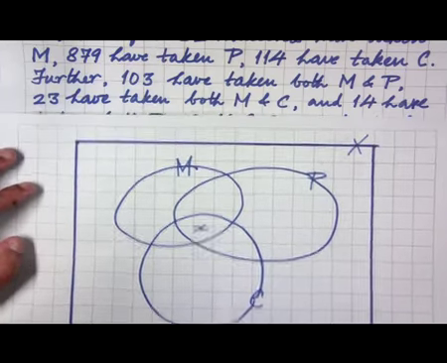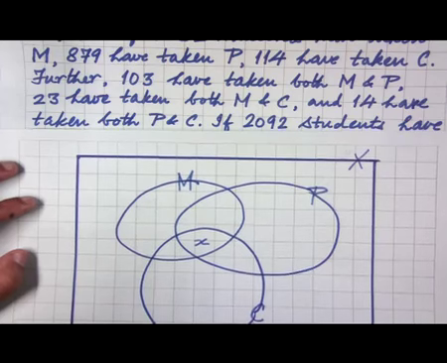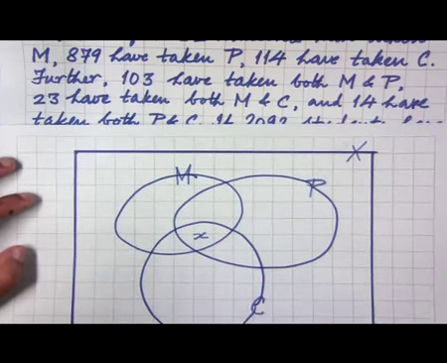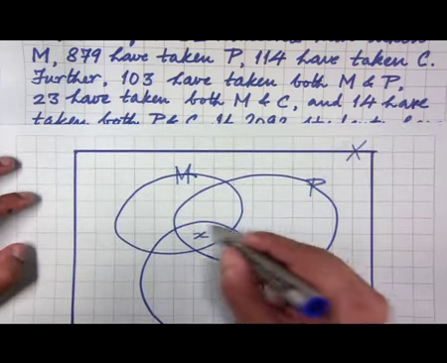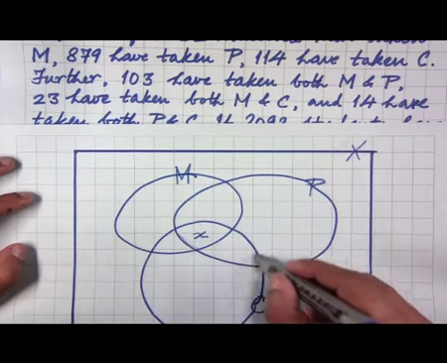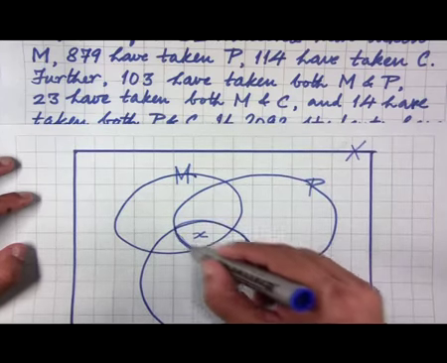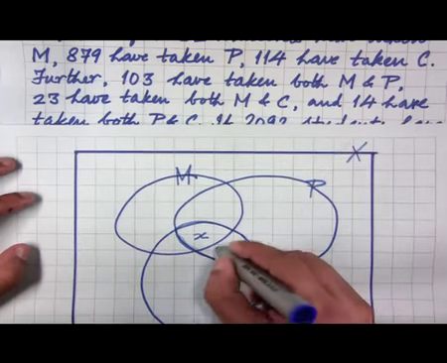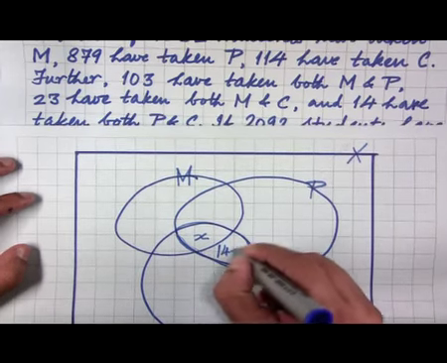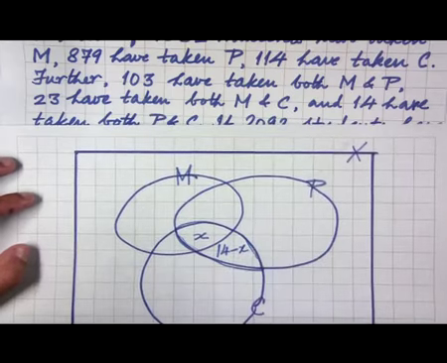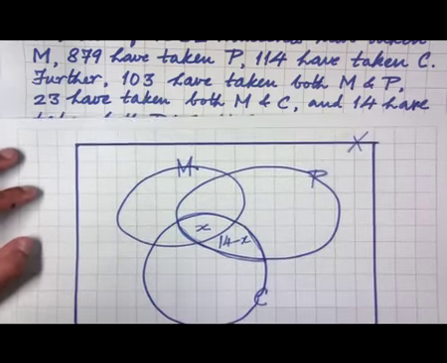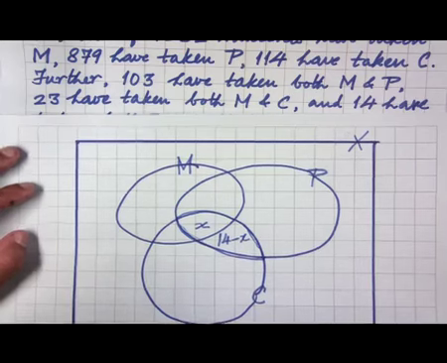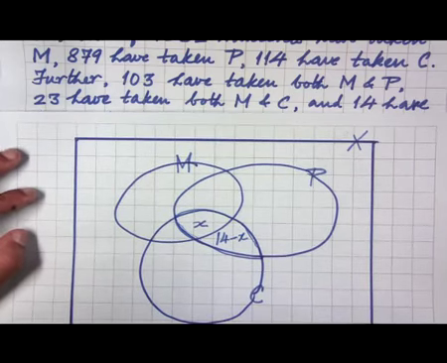The data says 14 have taken both physics and chemistry. Now, physics and chemistry is contained in the region that is in here. The two together make up 14, so we can deduce that this region itself is 14 minus x. The next data I read is 23 have taken mathematics and chemistry.